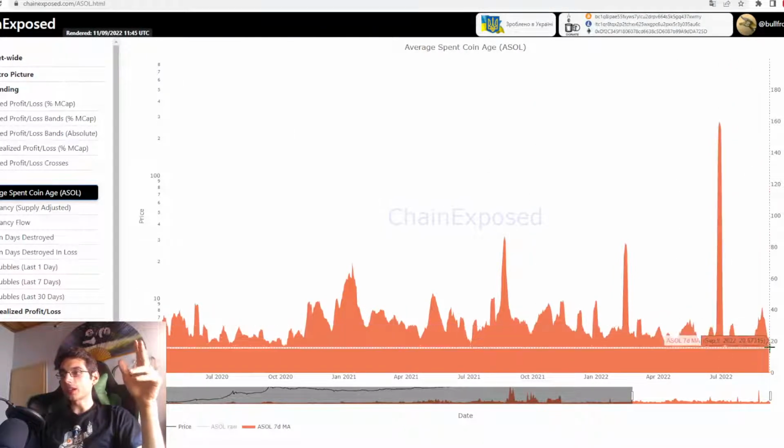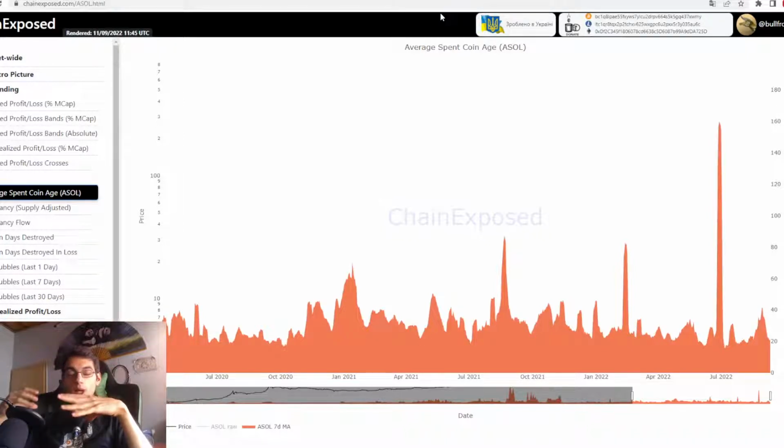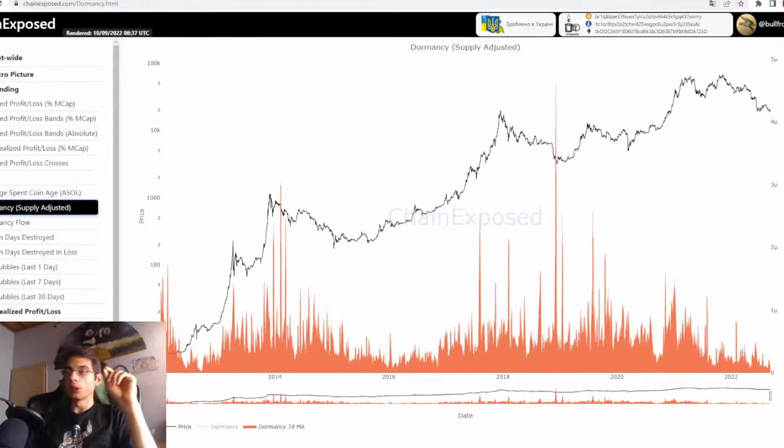But in the aggregate we are at very low values, and this is confirmed. So there is actually the strength of the short-term holders, their belief in the asset, and they want to get more and just hodl through all of this, even if they are in profit or in loss.